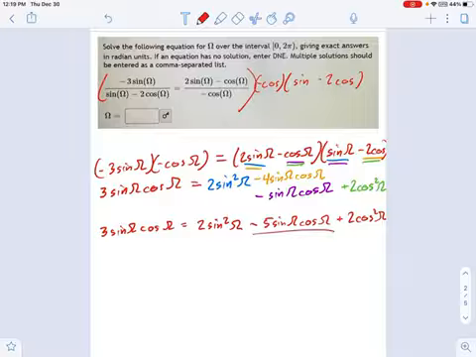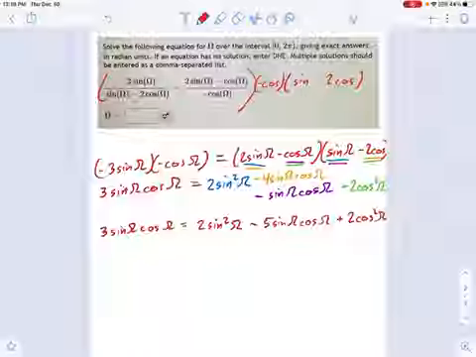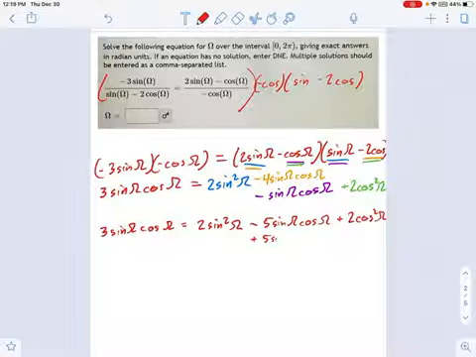I've got a negative 5 sine cosine over here and a positive 3 of the same thing over there. I can combine those together by adding 5 sine omega cosine omega to each side, just like we would add any other variable to each side. It's just that this variable tends to be disgusting.